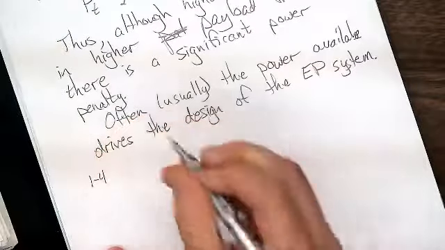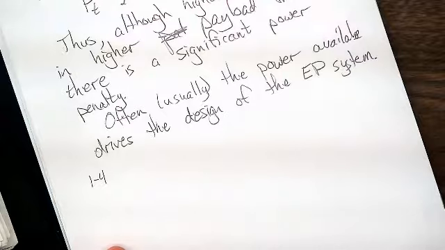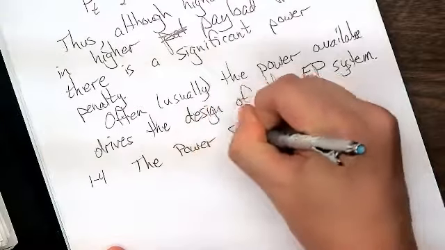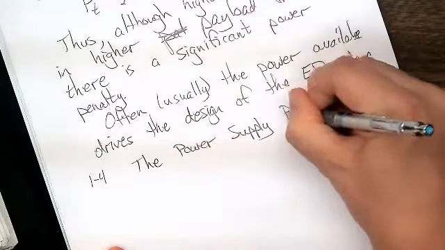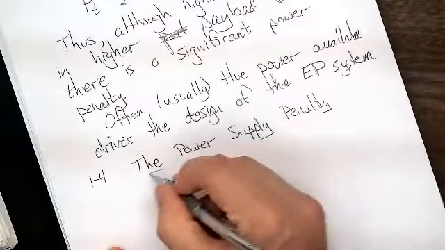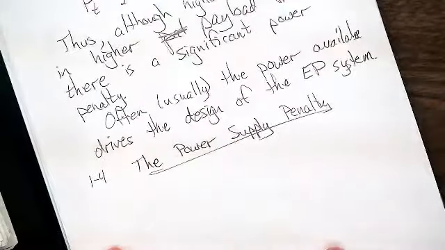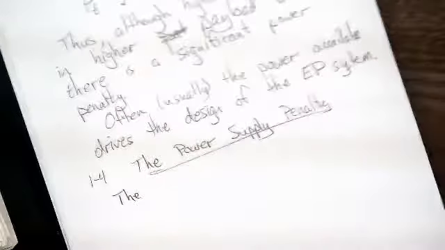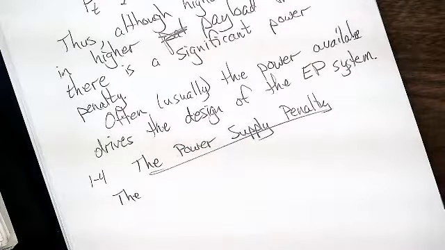Let us discuss something called the power supply penalty. The solar arrays or whatever our power source is give us electric power at some potential, some current level, and that may not be what is required for the thruster type that you're using, so that has to be processed.